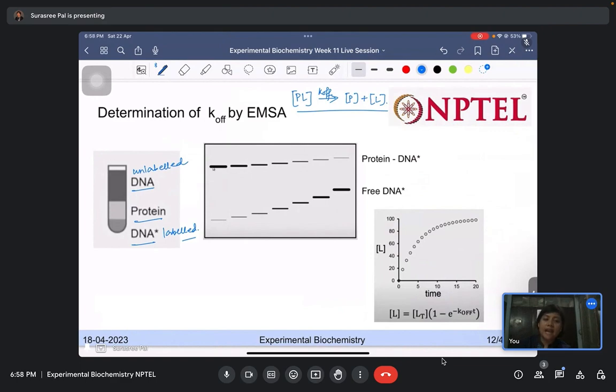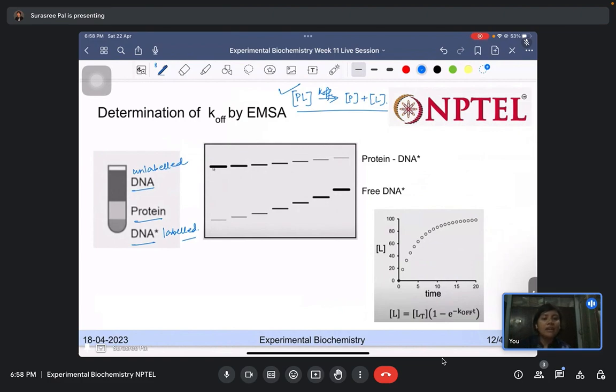And this unlabeled DNA is used so that this reaction can be maintained irreversible, right? So that when this protein dissociates from the labeled DNA, this dissociation becomes almost irreversible, because the chance of the protein binding to labeled DNA again is very, very less because the unlabeled DNA is much more in excess than the labeled DNA.